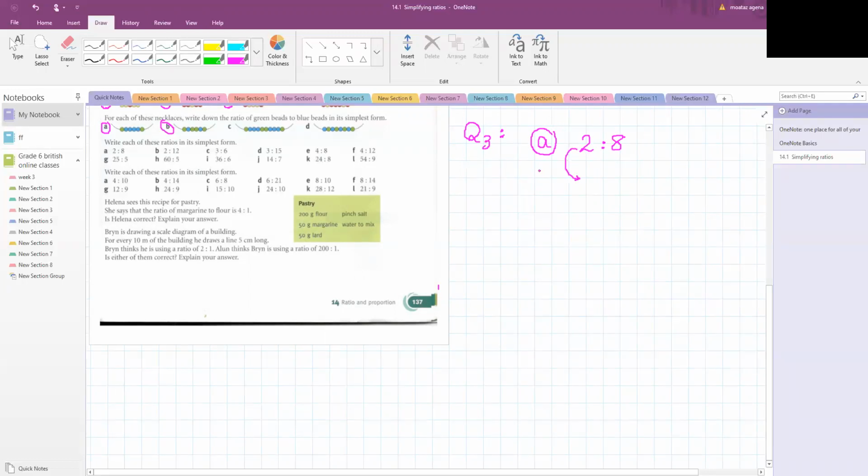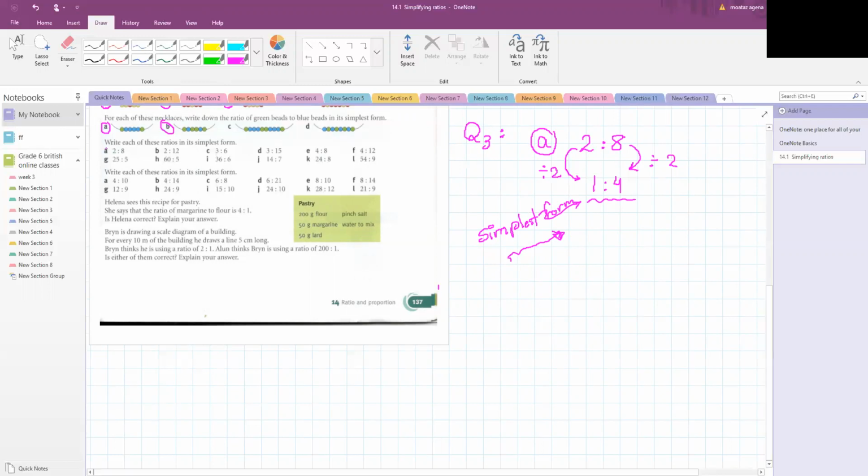So I will divide the left hand side and the right hand side by 2. So the answer will be 1 to 4. This is the ratio in the simplest form. We cannot simplify more.